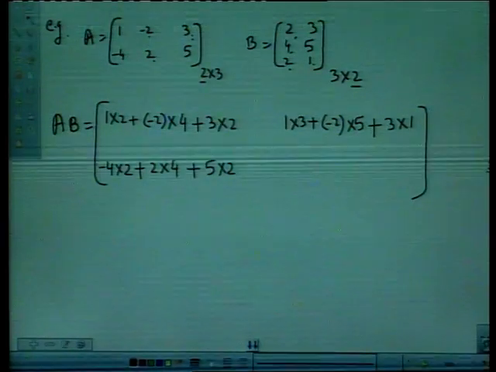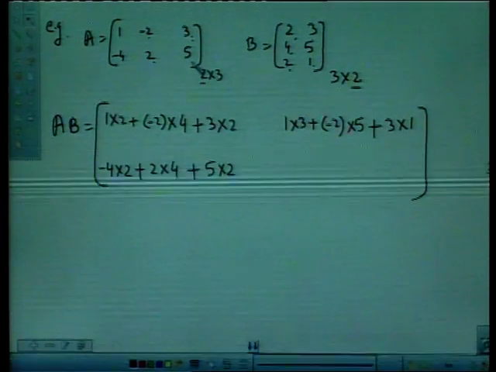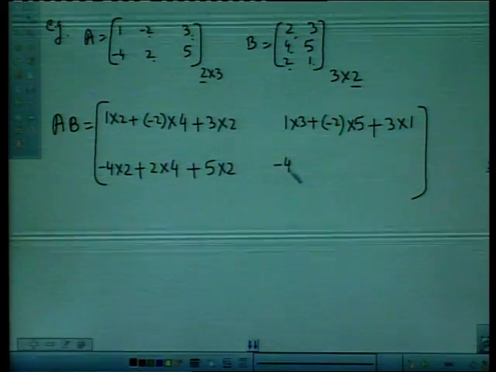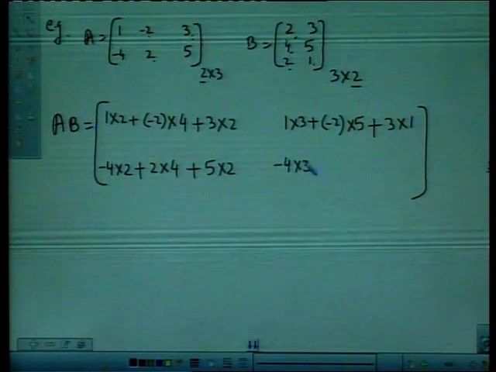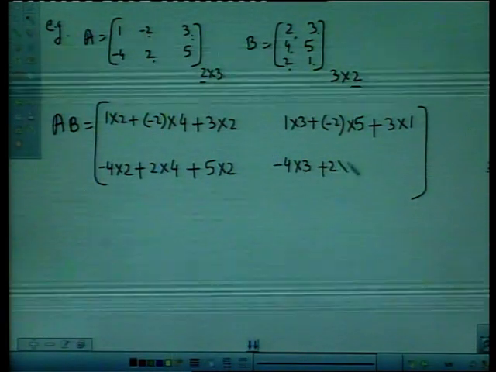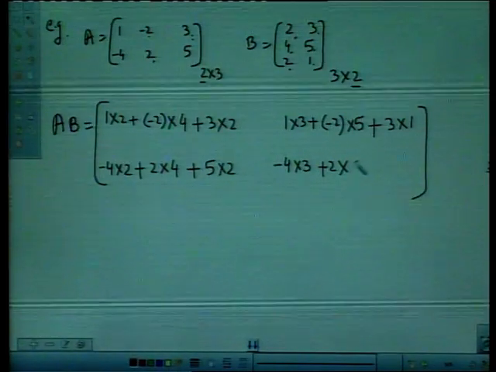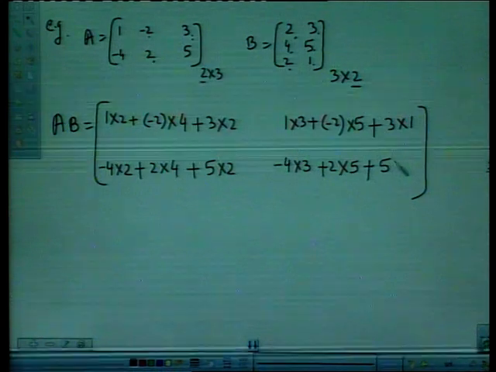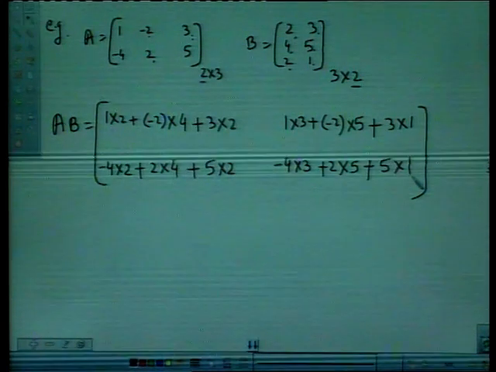Now again the second row and second column: -4 multiplied by 3, plus 2 multiplied by 5, plus 5 multiplied by 1. Then what will we get?